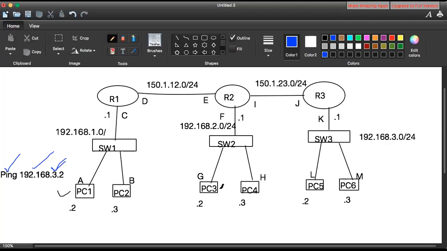Now, before sending it, if we talk about the OSI model, ping works at which layer? Ping works at the network layer, right? And what's the full form of ping?